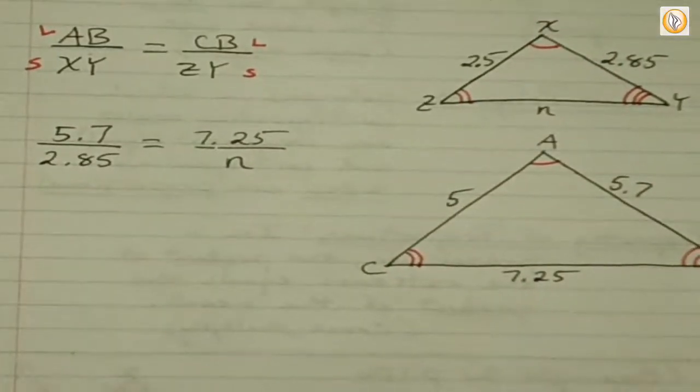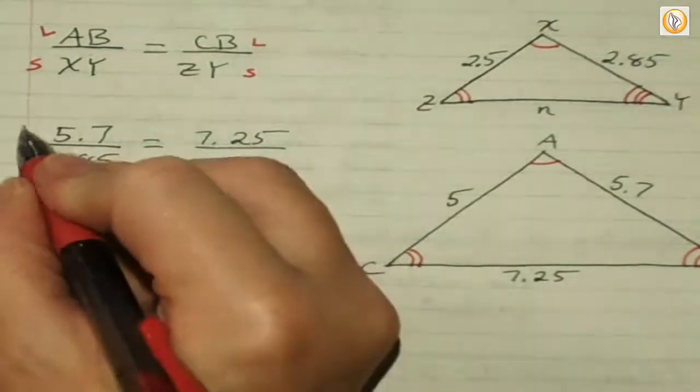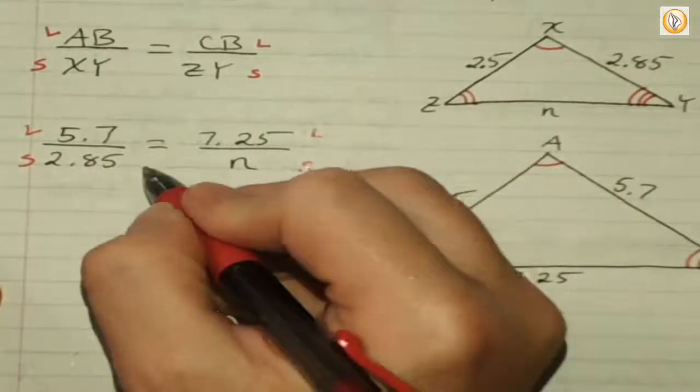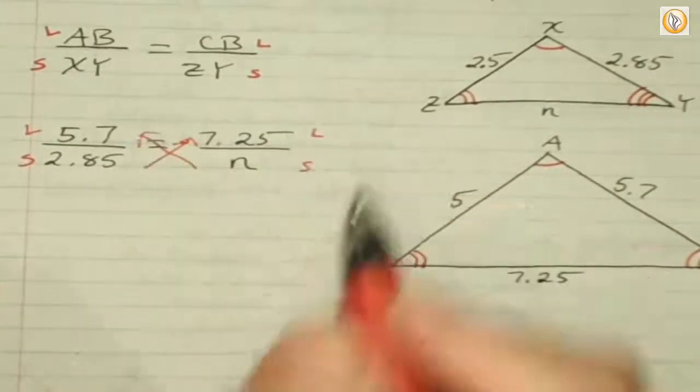I'll let y'all catch up. Does everyone understand where we got these numbers? Cecilia, do you understand? Okay, so my large is still on top, small on the bottom, large on top, small on the bottom. Now we cross multiply.